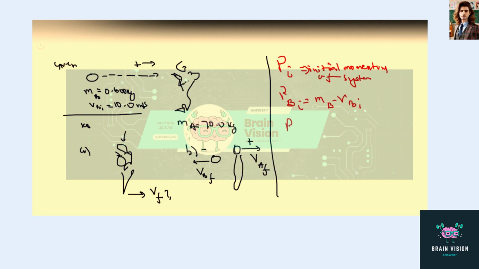And then also your initial momentum, that's your mass times your initial velocity. Remember, your initial velocity, VAI, happens to be 0 meters per second. So you want to recall that.